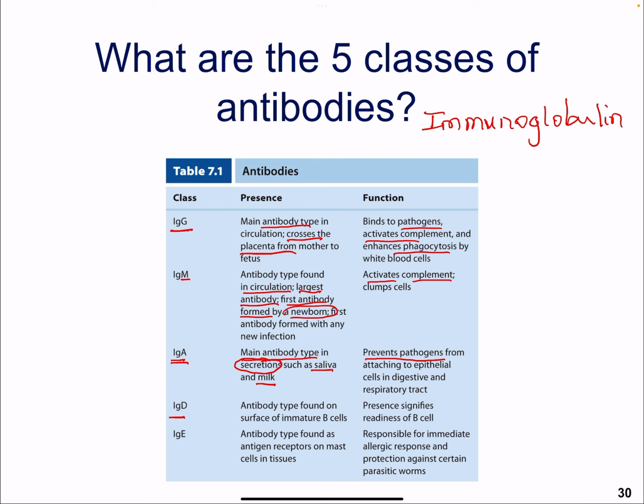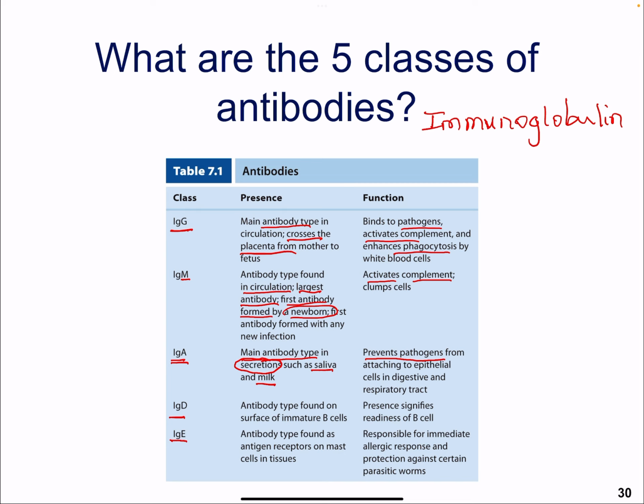Then we have IgDs. IgDs are antibodies that are found on the surface of mature B cells. The presence of these IgDs on the surface of B cells means that the B cells are ready to fight off an infection. Okay? Then we have IgEs.